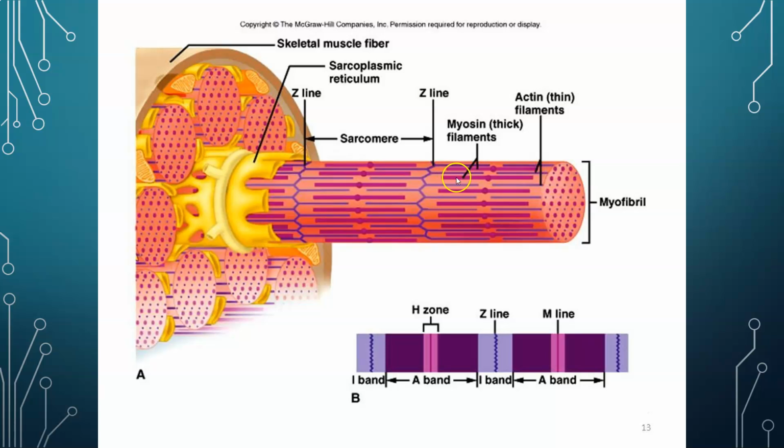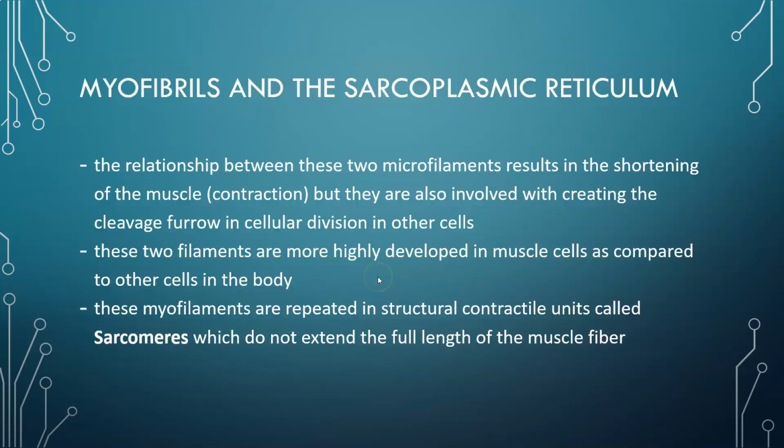And then we have these thick filaments, expressed much wider, and these are myosin. It is the interaction of actin and myosin that results in muscle contraction. So we say that the relationship between these two microfilaments results in the shortening of the muscle, which we call contraction, but they're also involved with creating the cleavage furrow and cellular division in other cells.